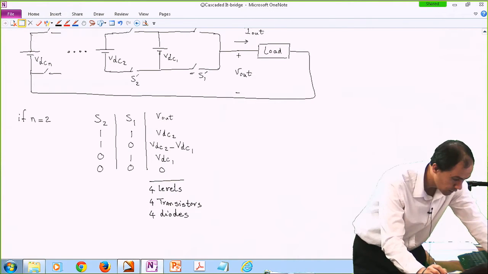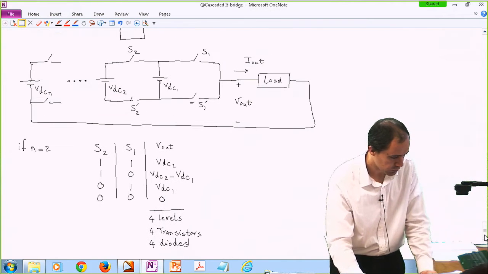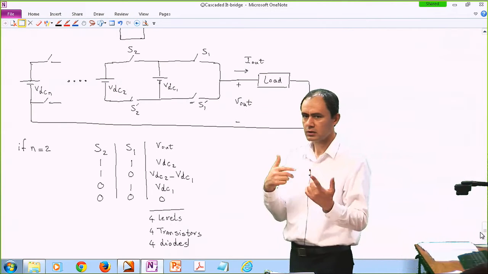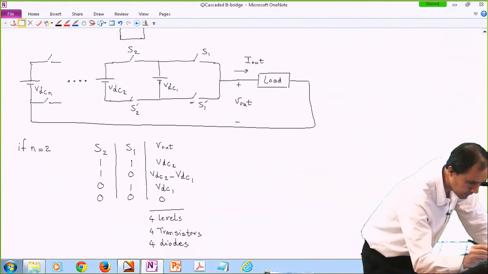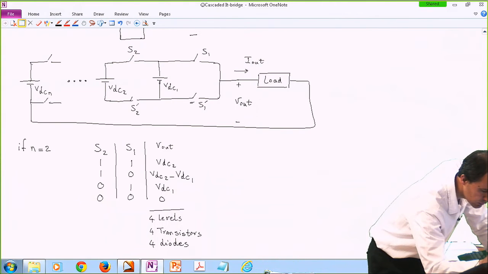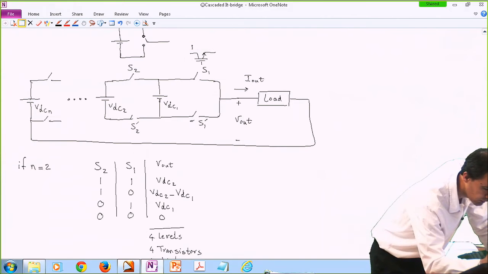Okay. So in terms of switch realization, first of all, our switch realization should be bidirectional because I out could be positive or negative, and it's going to be realized this way. So for S1, we will have something like this.